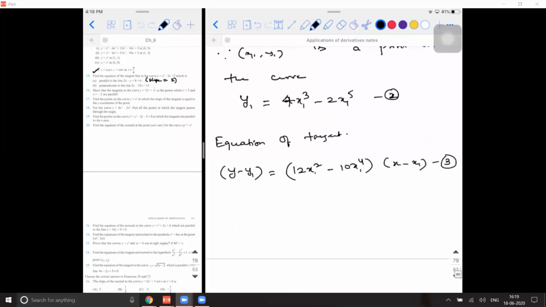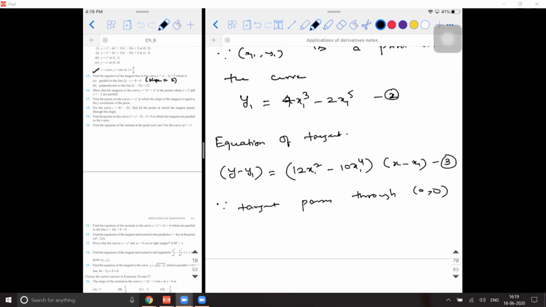But what is the condition given about the tangent? Since it passes through the origin, the tangent passes through 0, 0. Where should I substitute 0, 0, in the place of x1, y1 or x and y? Sorry, I should substitute in the place of x and y.